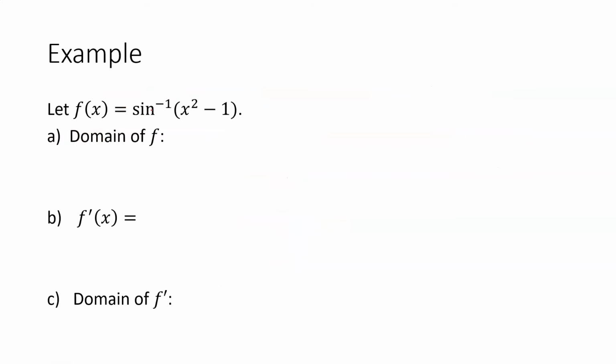So let's practice with this particular example here. We've got a function f of x equals the sine inverse of x squared minus 1. What would our domain of this function be?